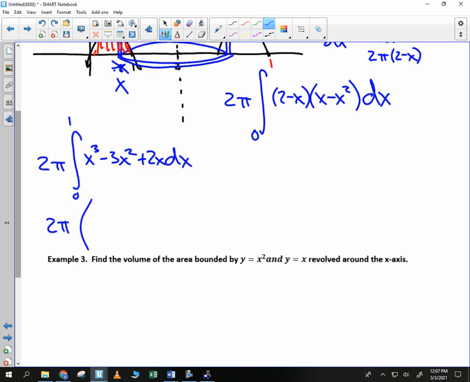Antiderivative of x cubed is x to the 4th over 4. Antiderivative of 3x squared is x cubed, antiderivative of 2x is x squared.